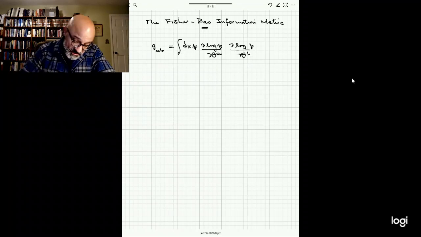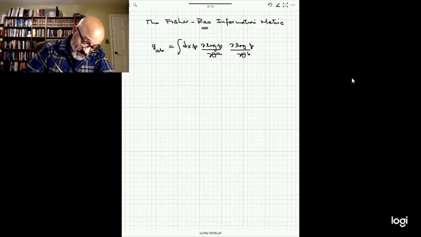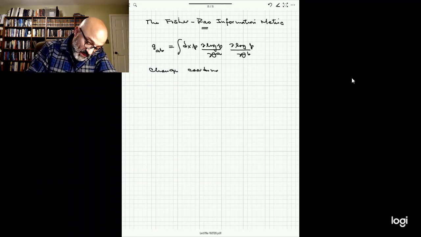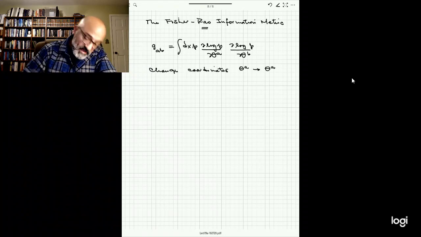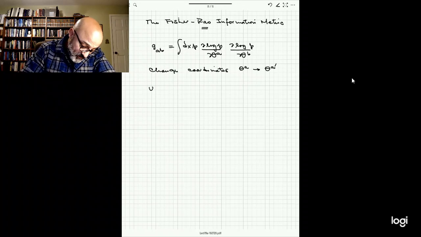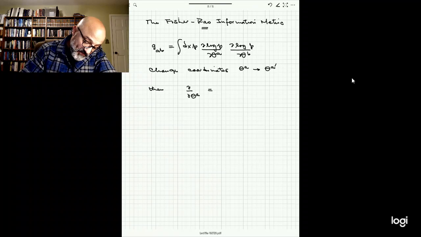If you change coordinates, instead of using thetas, you use theta primes, so from thetas to theta a prime, then the derivative with respect to theta a is going to be written as you differentiate with respect to theta a prime, and then you differentiate theta a prime with respect to theta a.